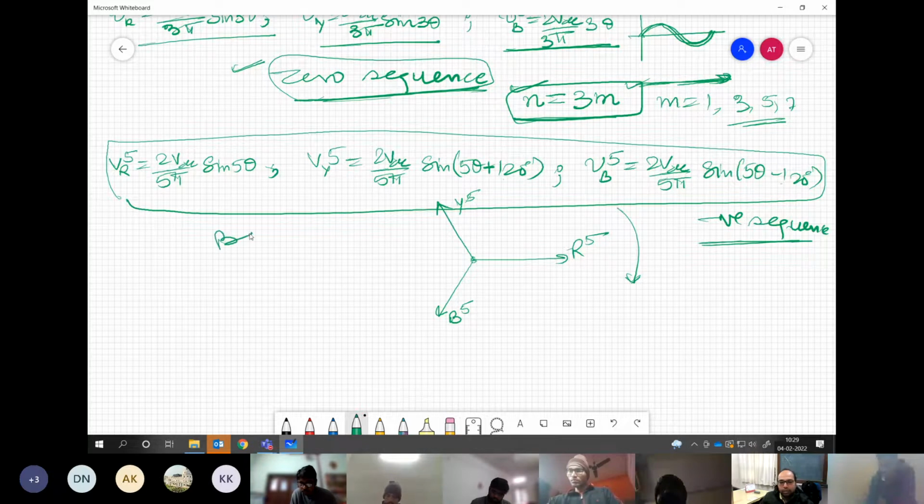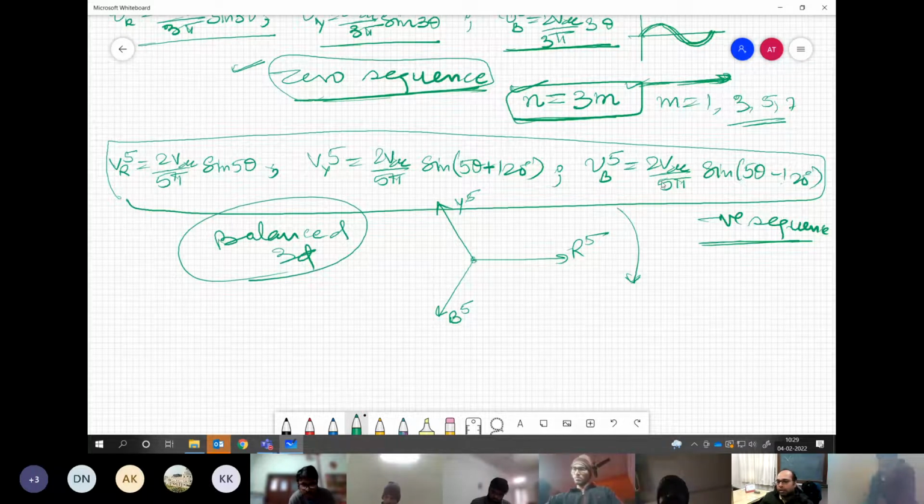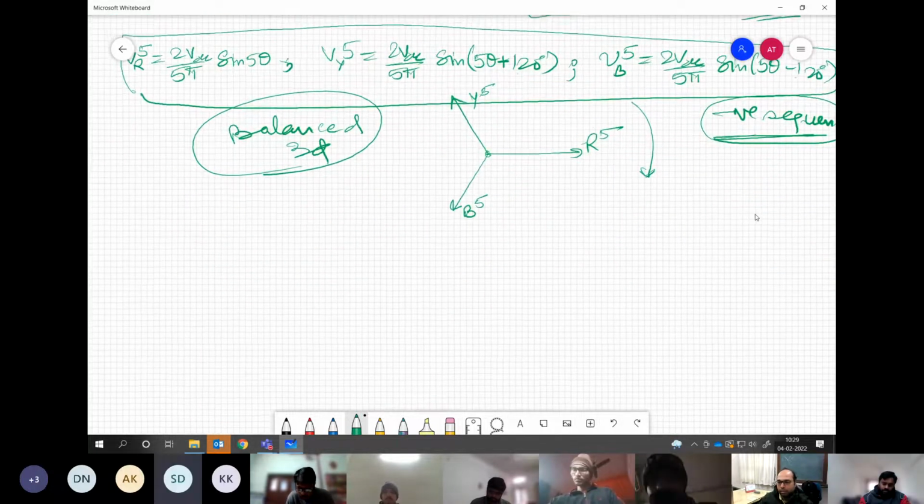And still it is balanced. There is no problem in the balance. This is balanced three phase. If you add at any moment, all three will cancel each other. But the sequence is negative. You understand the point? Similarly, if you solve for the seventh, it will form a positive sequence again.